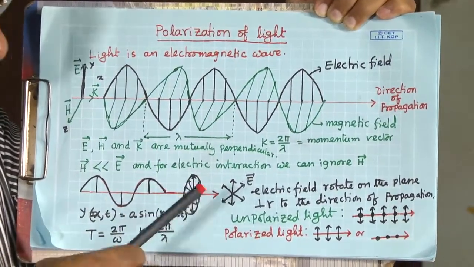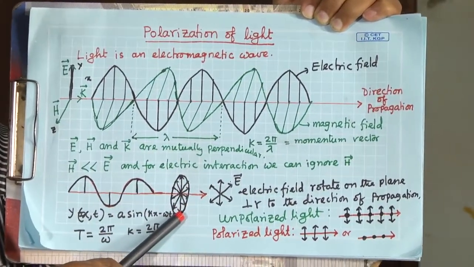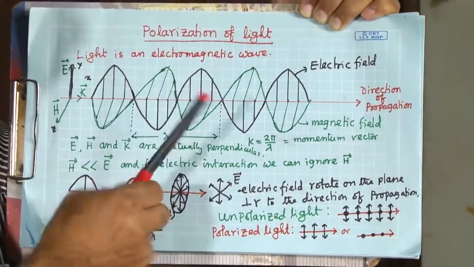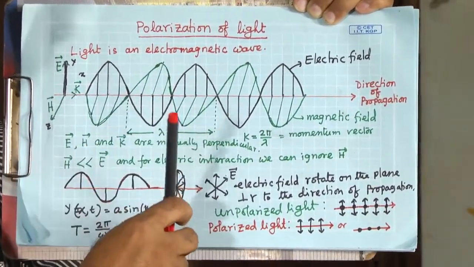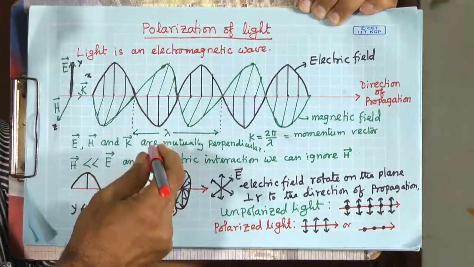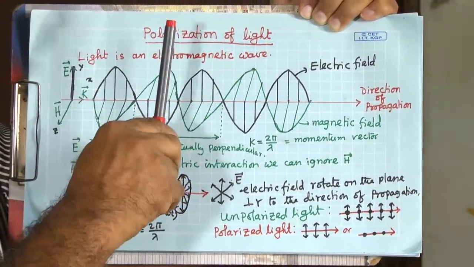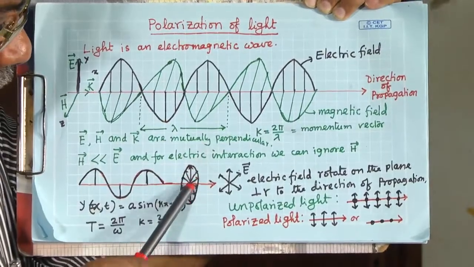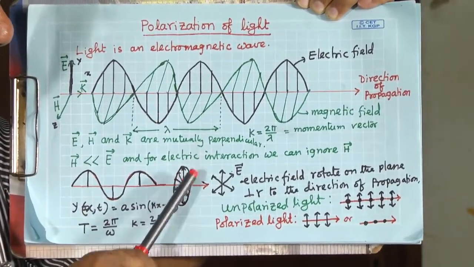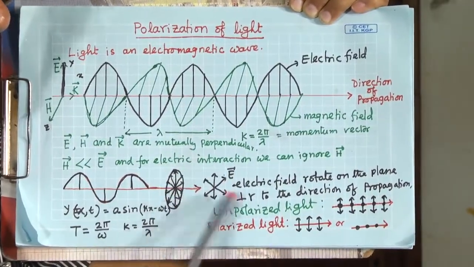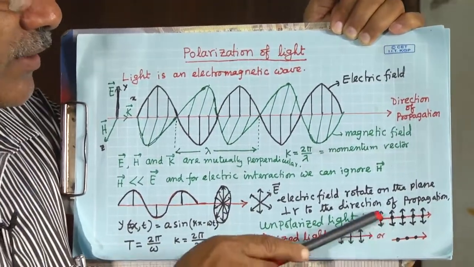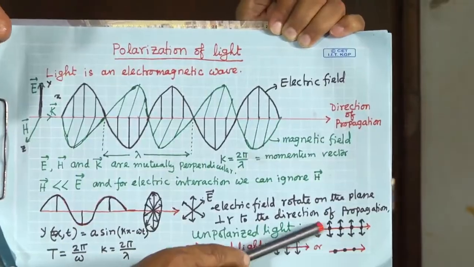You can resolve any vector into two components, okay. Any vector you will get two components. So, whatever the direction, we can represent it with components in two directions, okay.